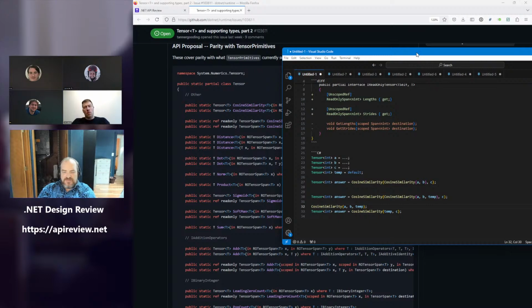Yes. But I think what he's saying is that it's only some APIs, right? Or is it all APIs? It'd be all of the APIs that have the destination buffer. I see.